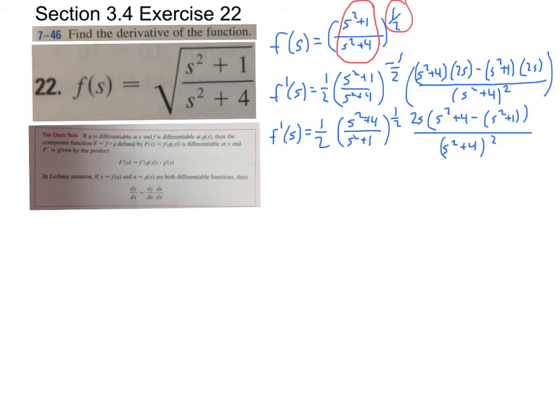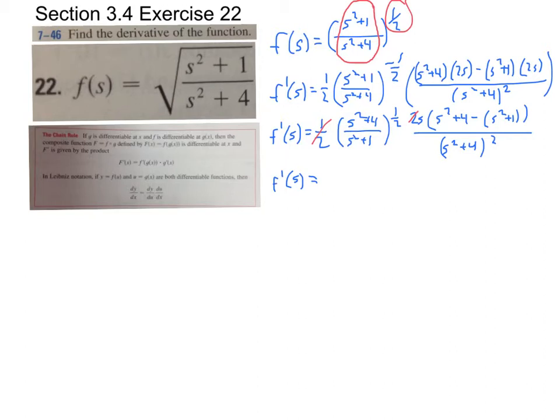Now we're going to simplify some more. We write f prime of s, and notice that I have multiplying by 1/2 and multiplying by 2. So those two things cancel each other out. And then the square root of a quotient is equal to the quotient of the square roots.